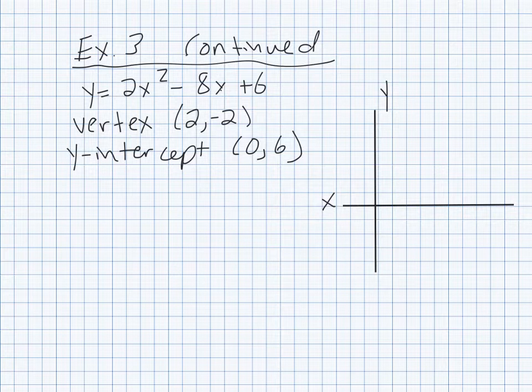Now if we continue with example 3, let's say we want to graph it using our vertex and our y-intercept. We know those two points, so we'll graph them. There's my vertex, and my y-intercept is 0, 6.